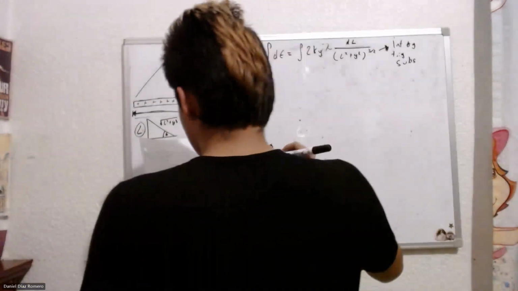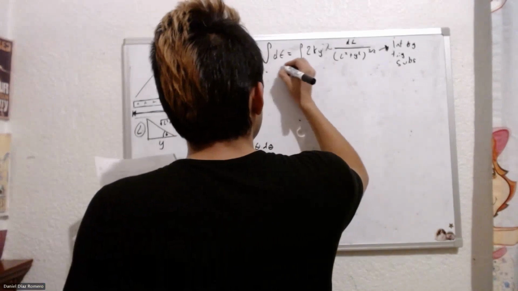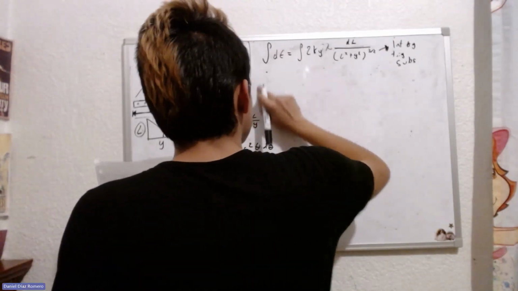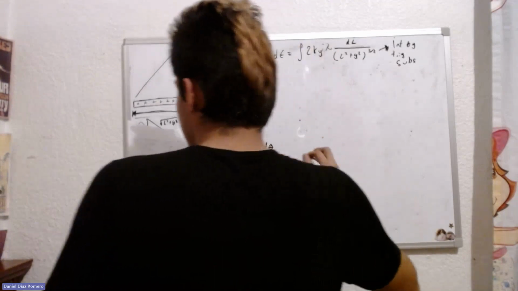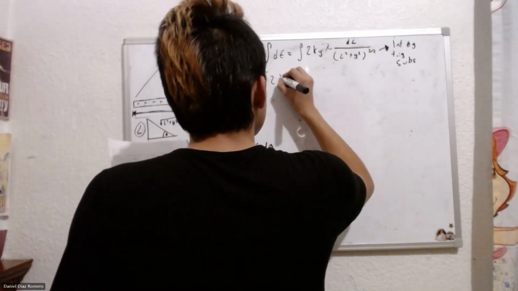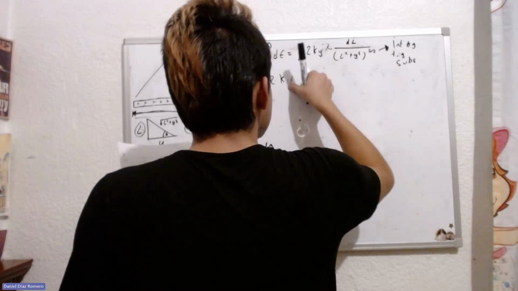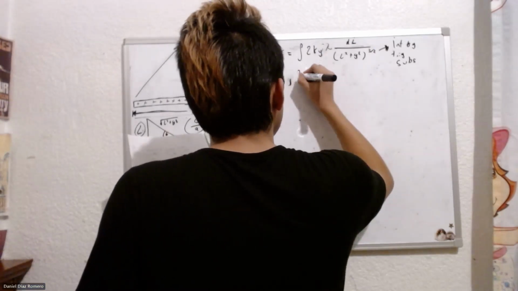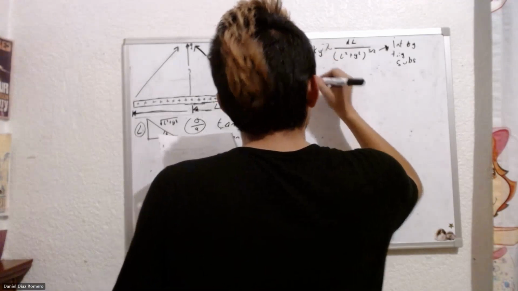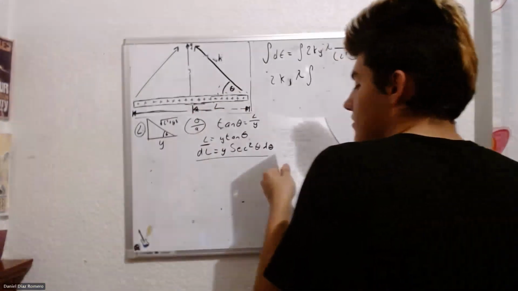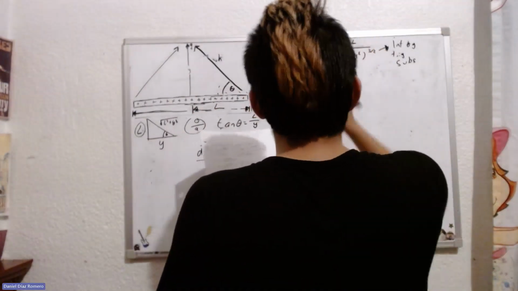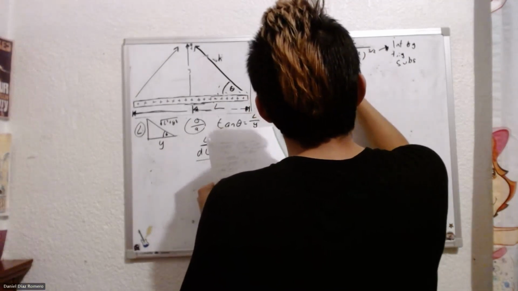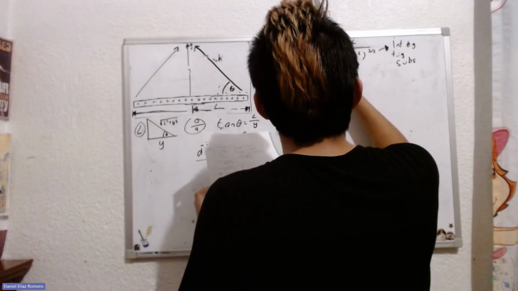So we have the integral. Since all of these are constants, we can arrange them on the other side, the constant k lambda, and now the integral, further, we're going to do the evaluation from a to b.